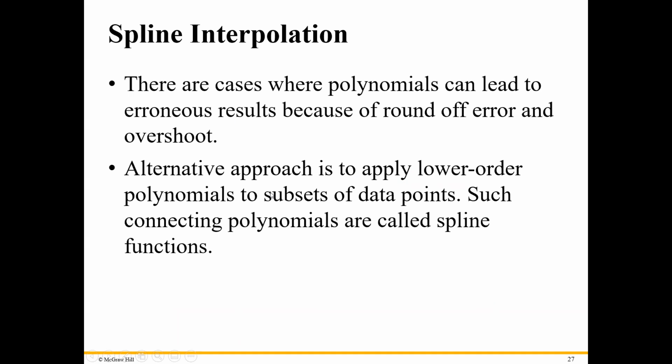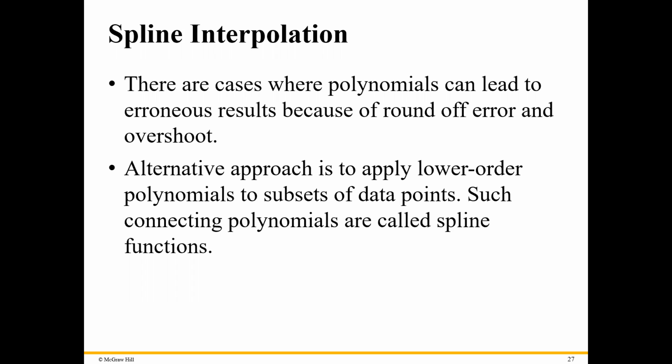In spline interpolation, instead of using all the data points, we use a subset of data points, say 3 or 4.